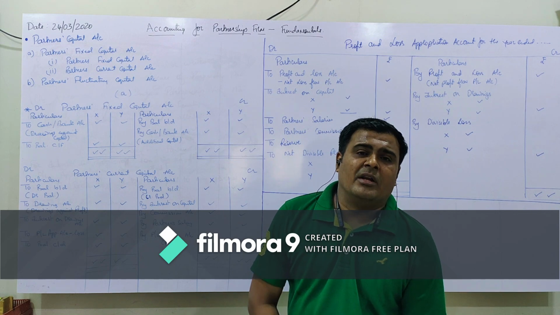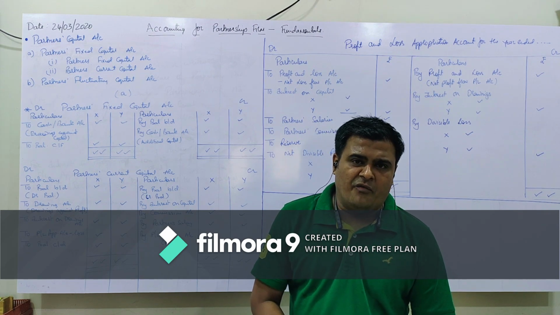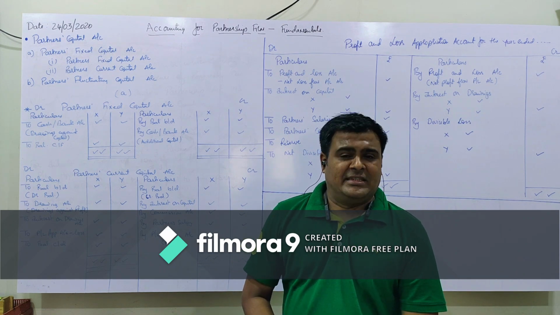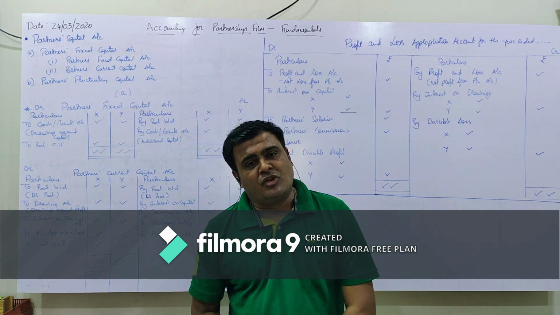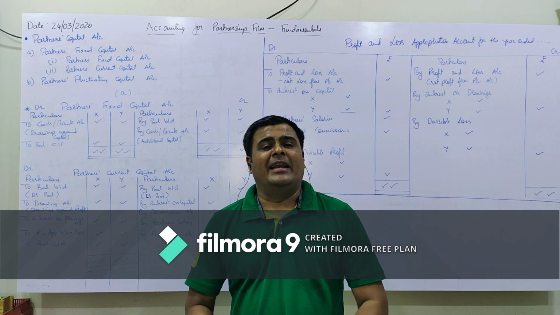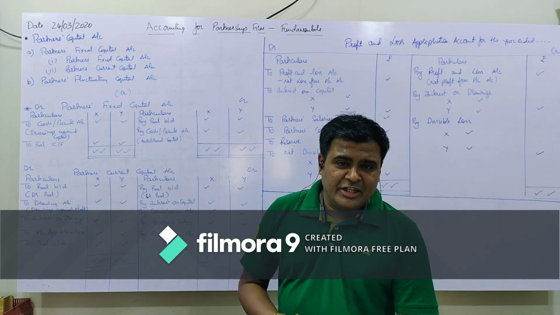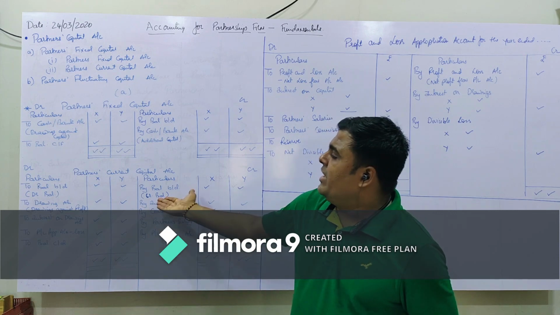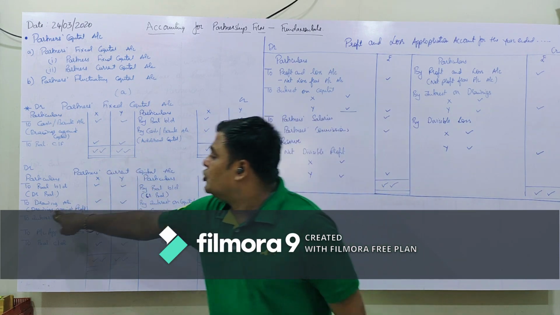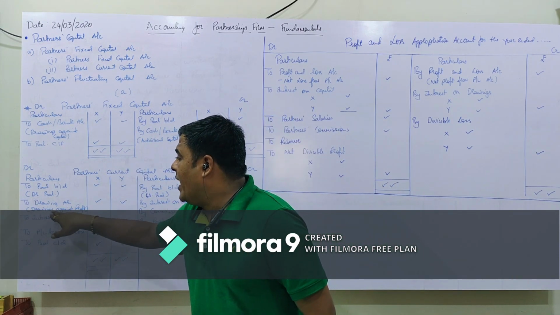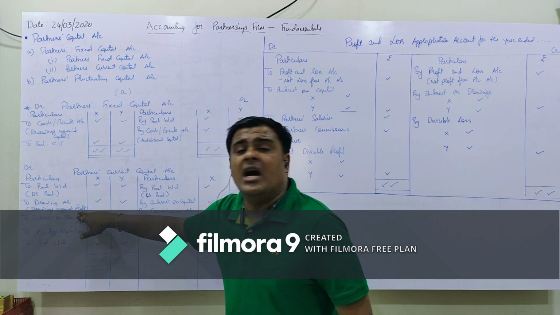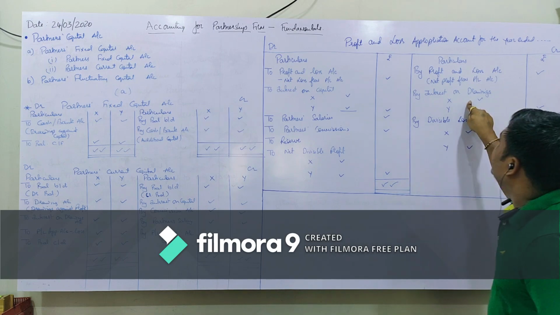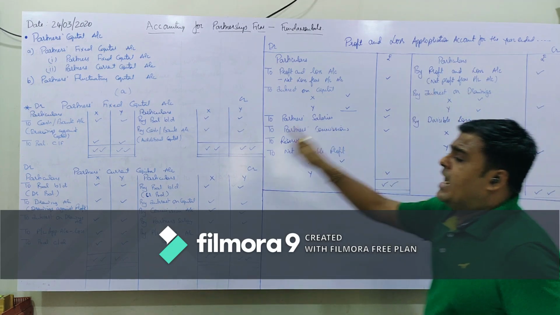You may remember the format of the capital account that in class 11 we have studied, that is capital plus additional capital plus interest on capital plus net profit minus drawings minus additional drawings minus interest on drawings and minus net loss. The same thing we are doing here. So on the debit side we have drawings, this drawing is against the profit. Then we have interest on drawings, which is credited in the profit and loss appropriation account and debited in the partner's current account.